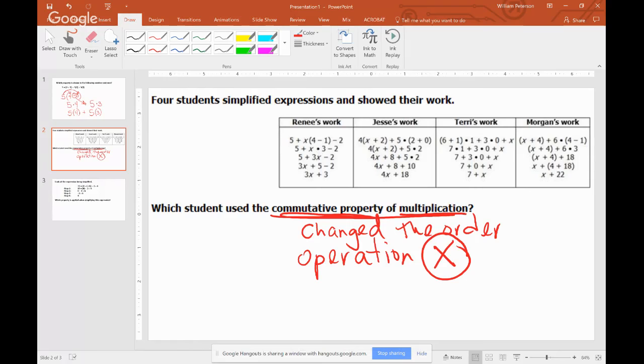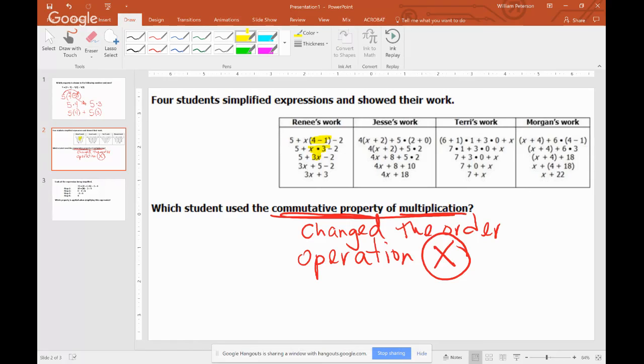So let's go through everybody's work and see what in the world they did here. And so we go through Renee's work. In simplifying order of operations here, we're looking for a changed order around the multiplication sign. She obviously did the 4 times 1 first to give you 3. And then she did x times 3 gives you 3x.